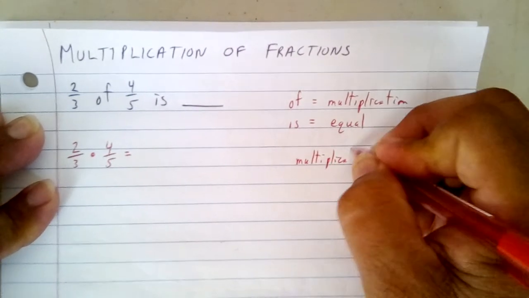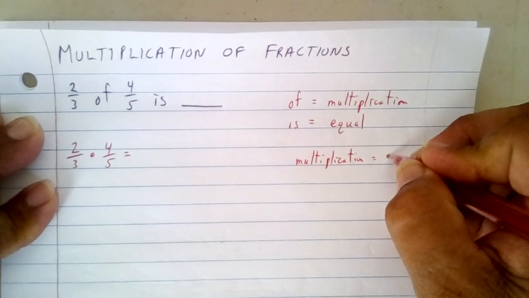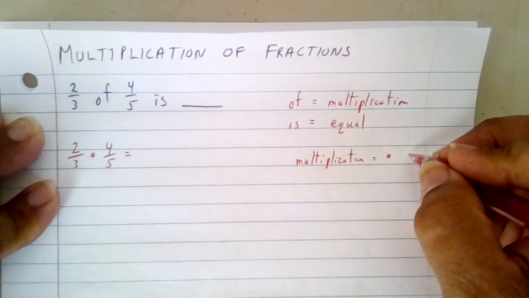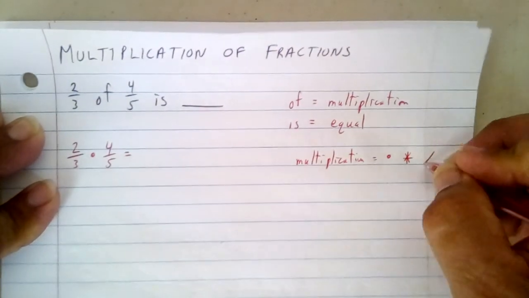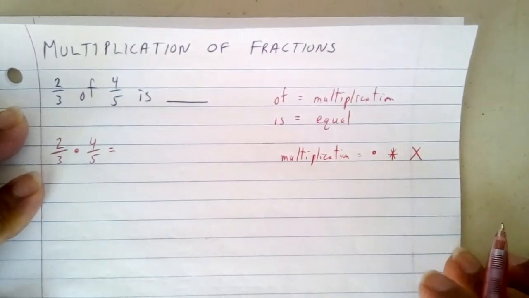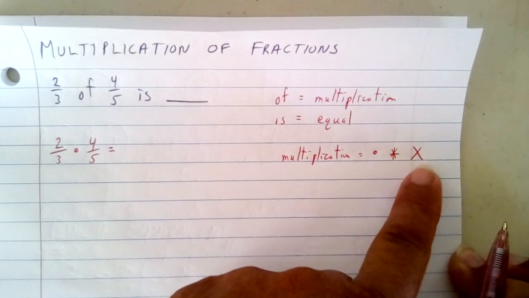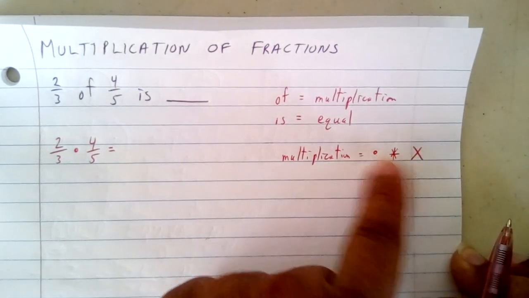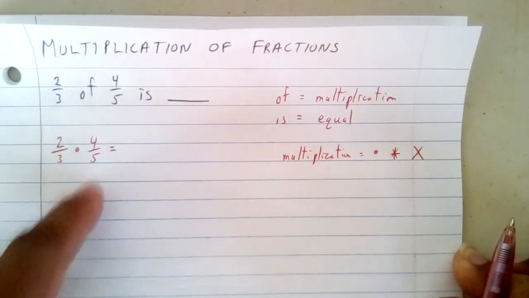Okay, because we are using computers to type our stuff, we may use the dot like in that format. We may use the asterisk to represent multiplication, or the symbol multiplication that way. But we must be careful with this symbol here, because in algebra we may have x's. So for right now we're going to be using the dot or the asterisk, and you will know that this means multiplication.